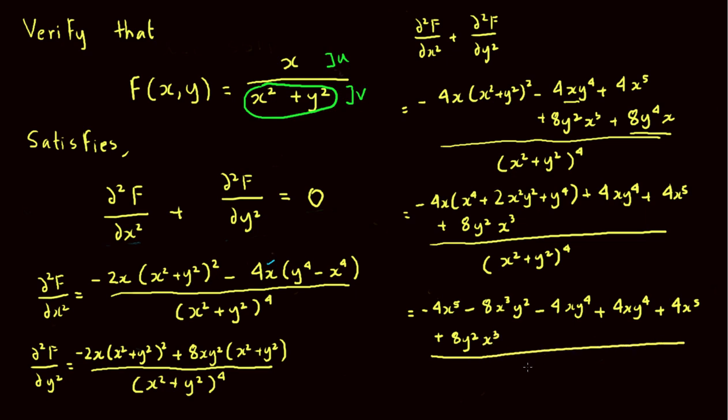Okay, if we take this into consideration, over (x squared plus y squared) to the power of 4, we can see that this gets cancelled off, this also gets cancelled off, and this gets cancelled off, so eventually it becomes 0. And as we know, 0 over anything is obviously 0.